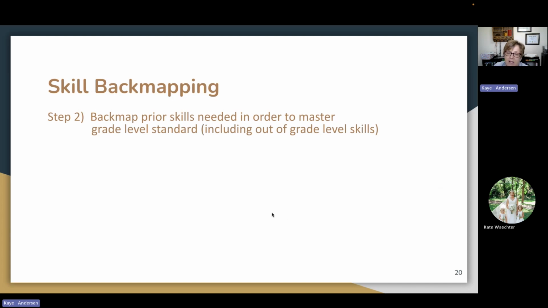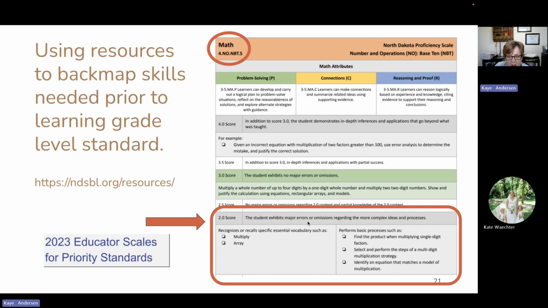Once we've identified our 5 to 6 standards, then what we want to do is back map the prior skills needed in order for a student to be successful on that standard. And to do that, there's also some resources that we can use to help us.